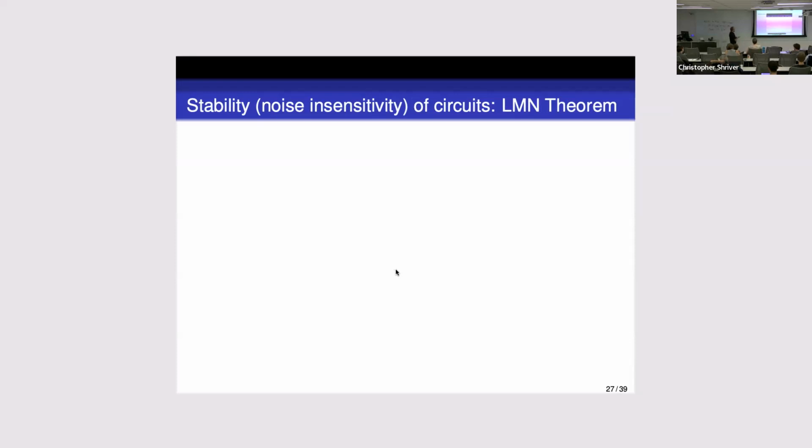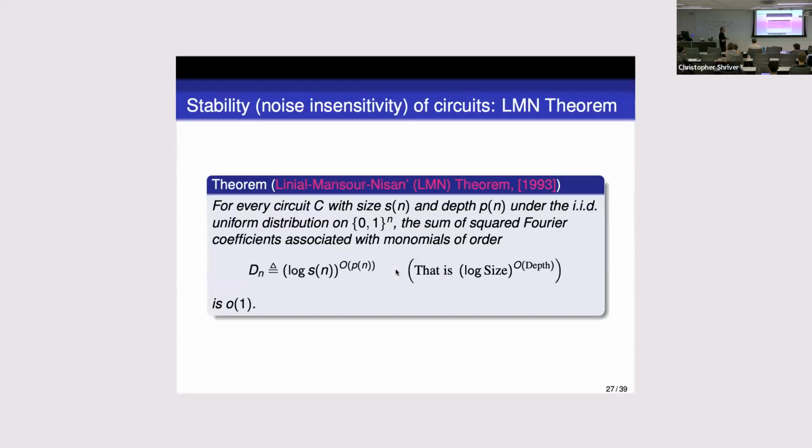And a very important instantiation of the stability property is the so-called Linial-Mansour-Nisan theorem of 1993. Let me share with you this result. It's really one of the most important results, next to Hastad's switching lemma, probably the second most important result in the area of Boolean circuits.